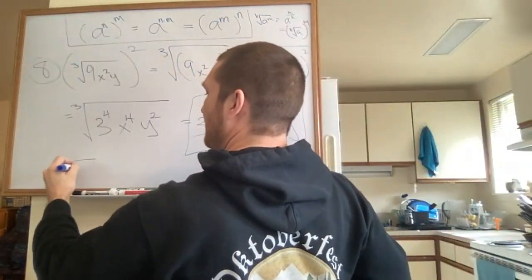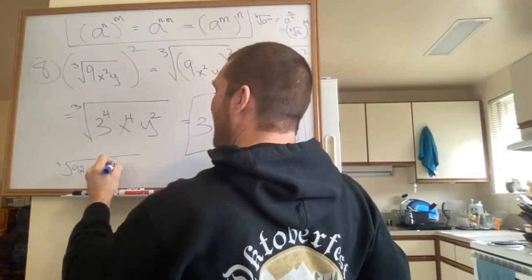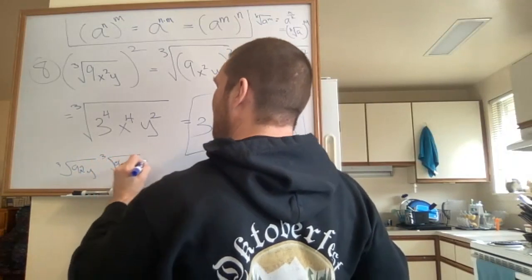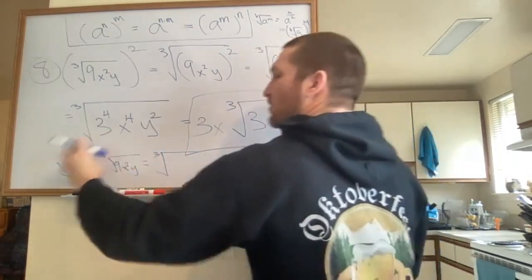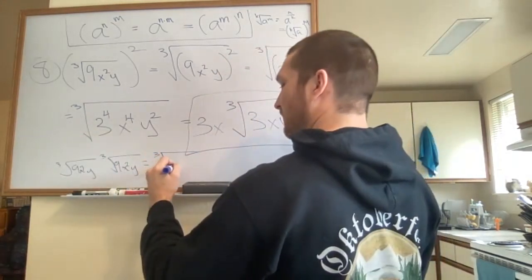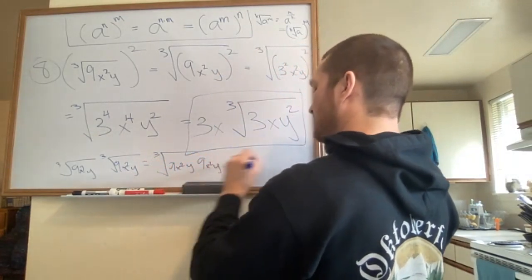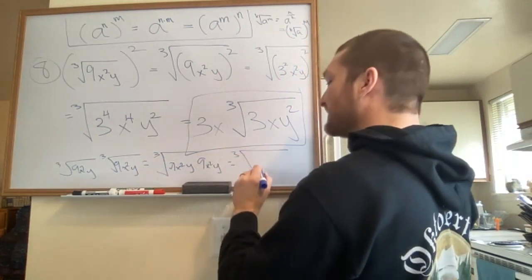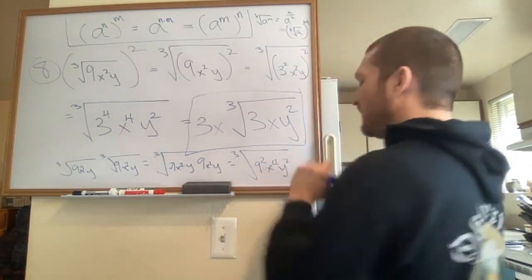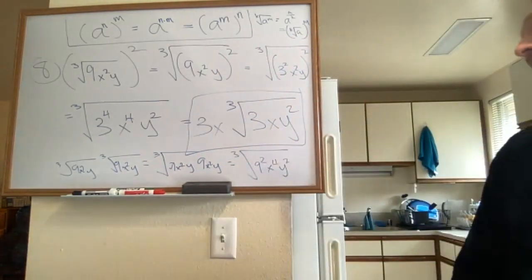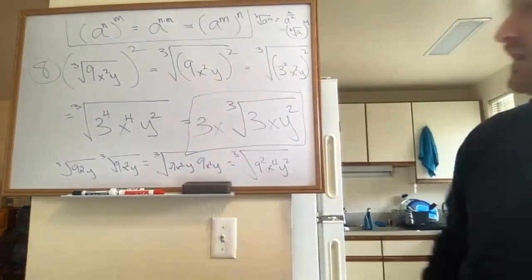And so you have this, and then you square it the way that we have been doing it, using that nice one where multiplying 2 roots together is the same thing as just multiplying what's in there all together, to give you this right here. That's probably what it was getting at. And so that would be 9 squared x to the 4th y squared, and so on and so forth, and you'd end up at the same thing here. But yeah, so you're going to have something like that.